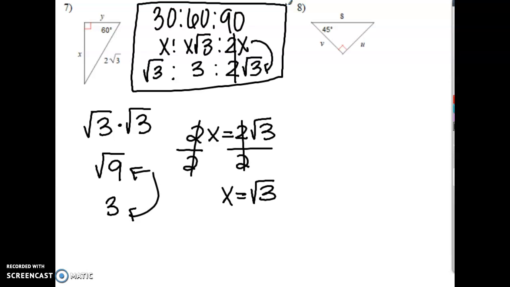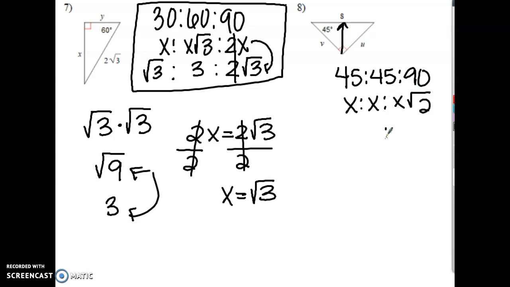For number 8, 45, 45, 90. So I'm going to do my ratios. x, x, x square root of 2. I am given my hypotenuse, so my 90 degree side. I know 8 is equal to x square root of 2. Of course, if I don't have my x's, I'm going to have to set these equal to each other.